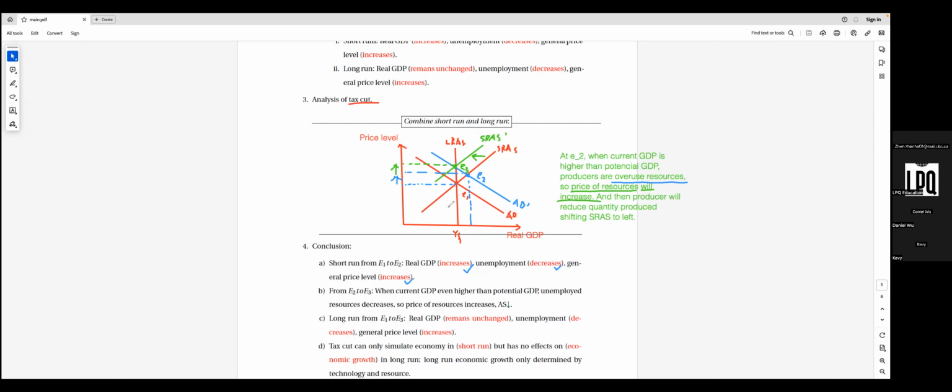So it's E number 3. If you compare E number 1 and E number 3, the GDP remains unchanged, that's right. But this one is wrong: the income rate also remains unchanged. If the long-run GDP remains unchanged, the income rate also remains unchanged. Price level increases, that's right.